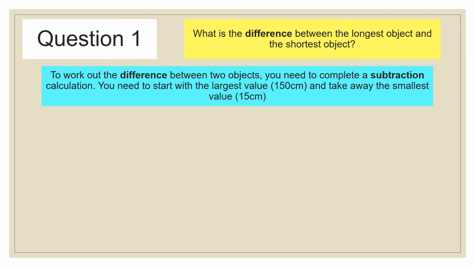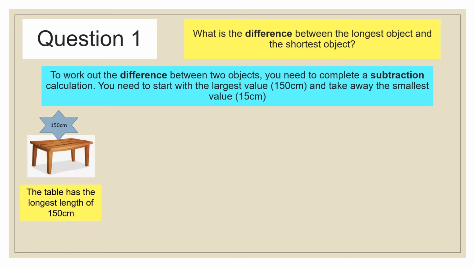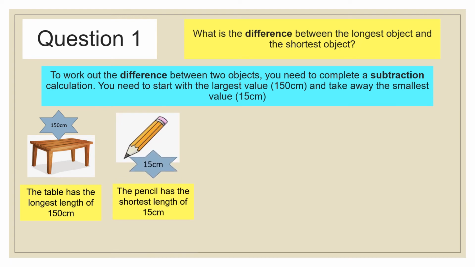So I know from looking at my order that the table is the longest length at 150 centimetres and my pencil is the shortest length at 15 centimetres. So my calculation is going to be 150 centimetres take away 15 centimetres.